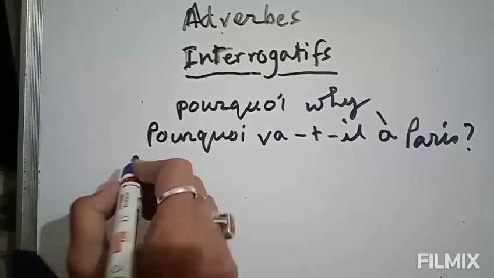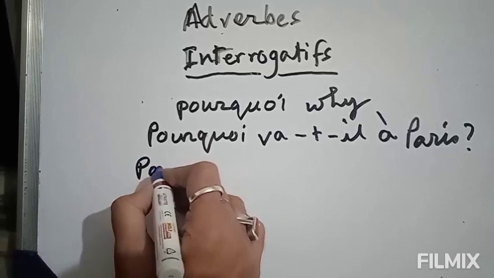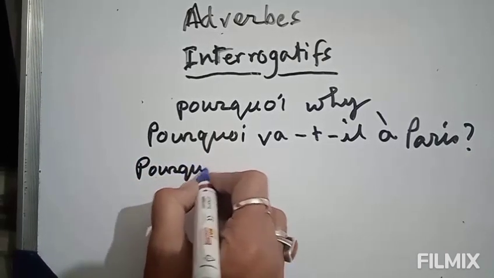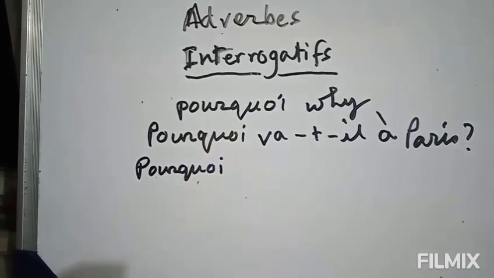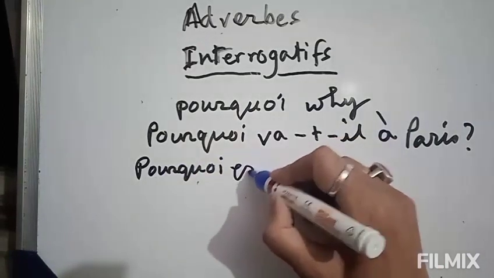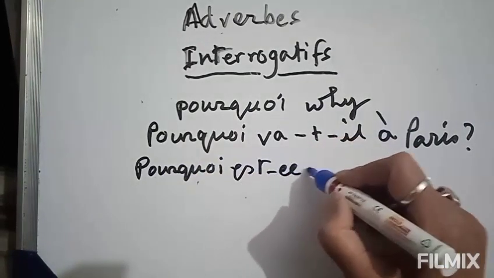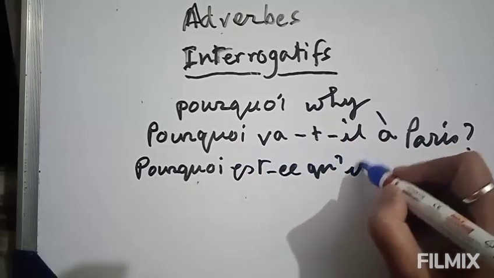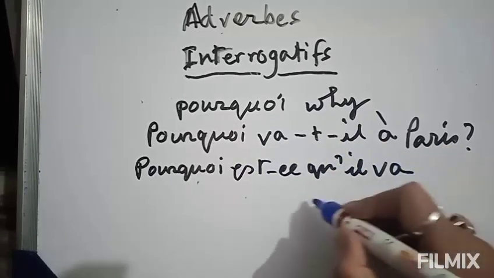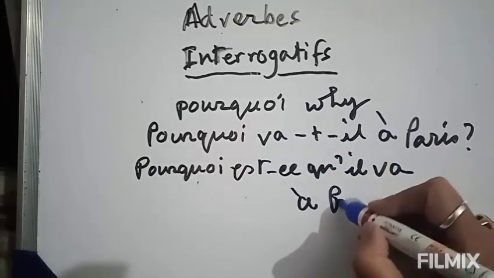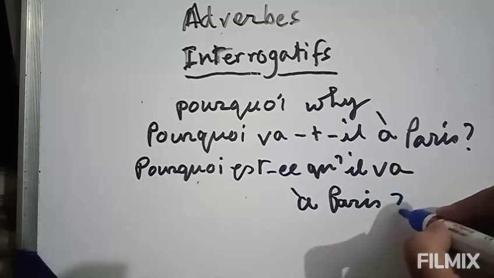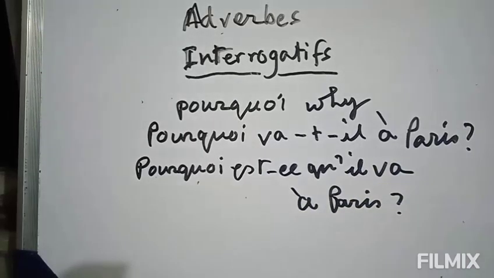And here also the est-ce que element you can use. Similarly, pourquoi est-ce qu'il va à Paris? The interrogation, the meaning is the same. Why does he go to Paris?